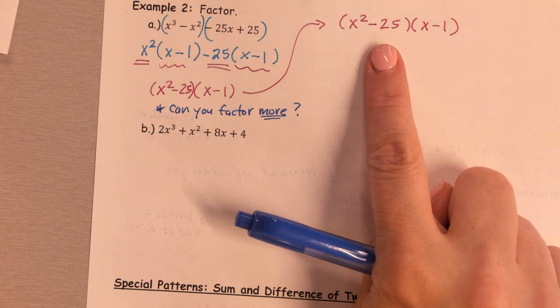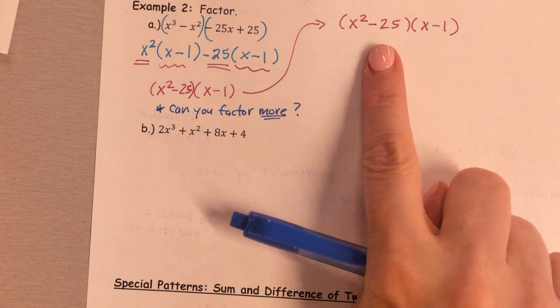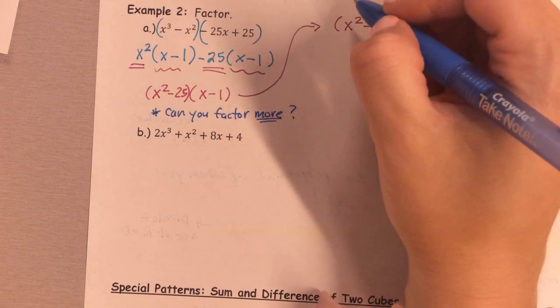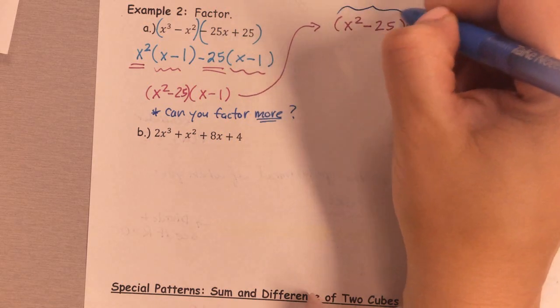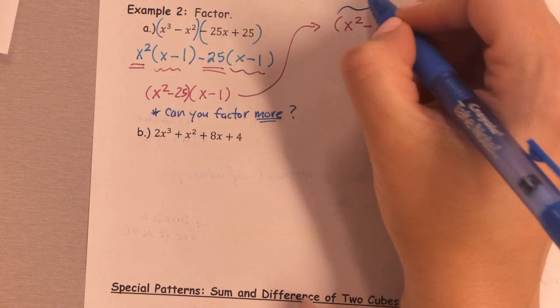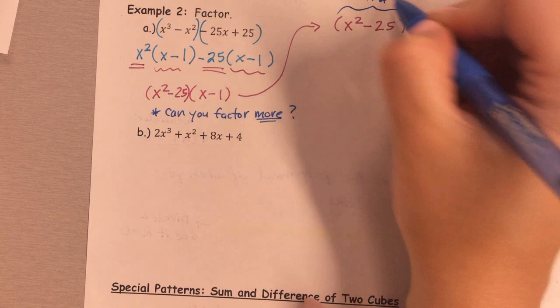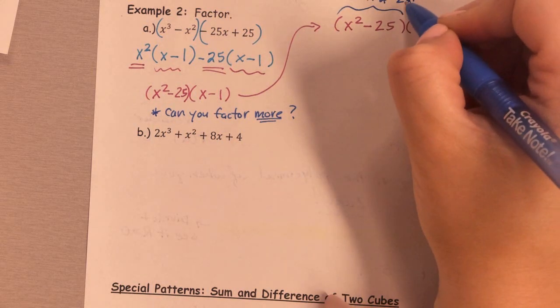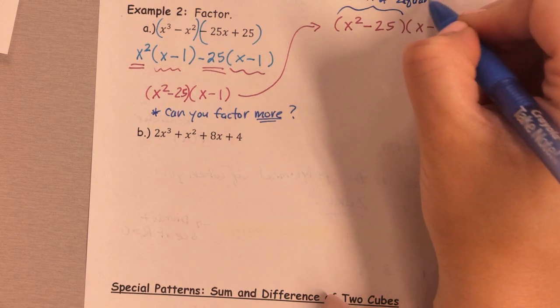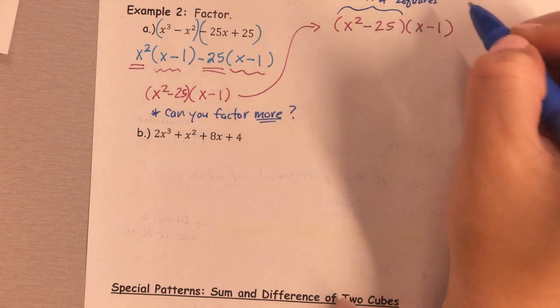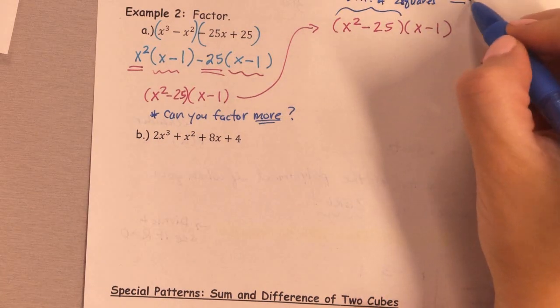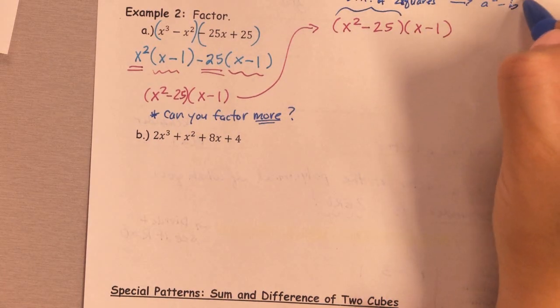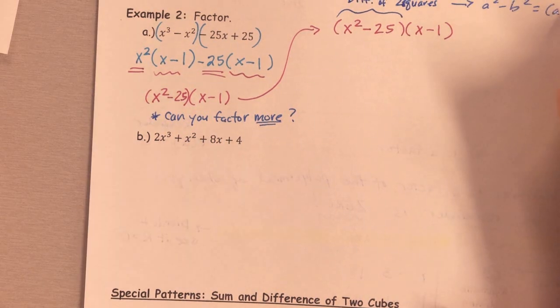Yeah, what's that? Do you guys remember what the pattern's called? Difference of two squares. Oops, gotta put my S in there. Sorry, I snuck it in there. So remember the difference of two squares is a squared minus b squared. You can factor that into a plus b times a minus b.